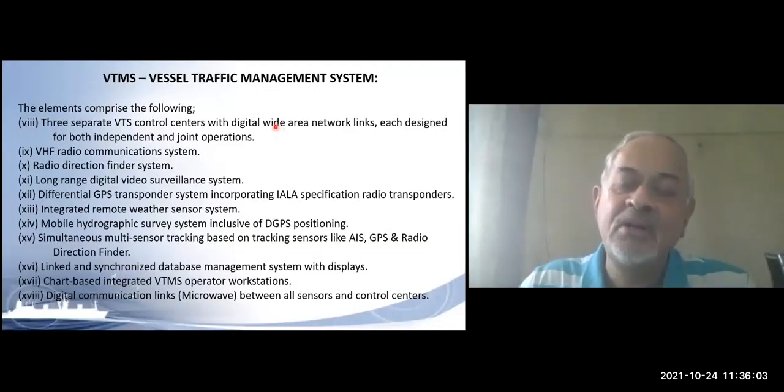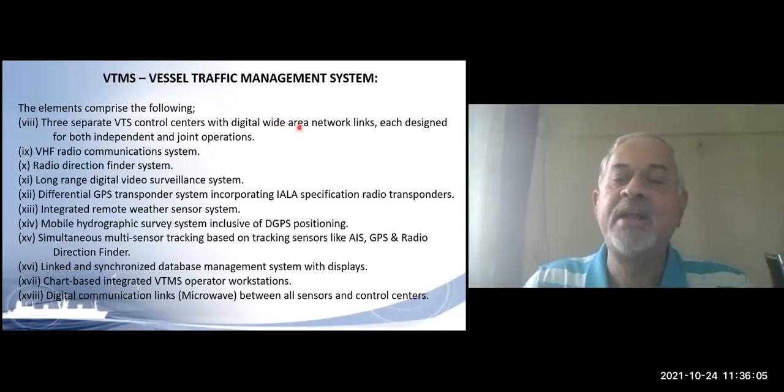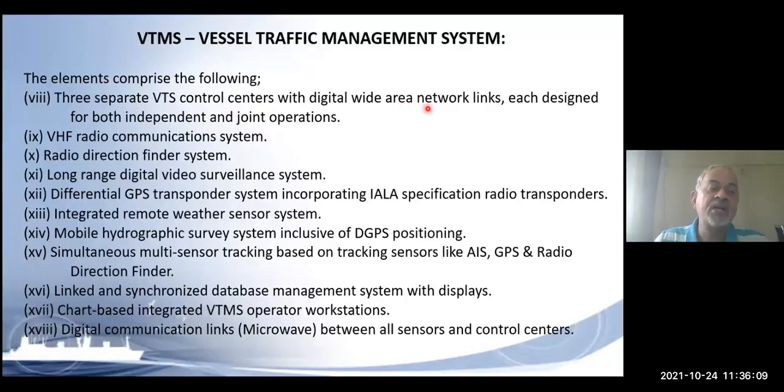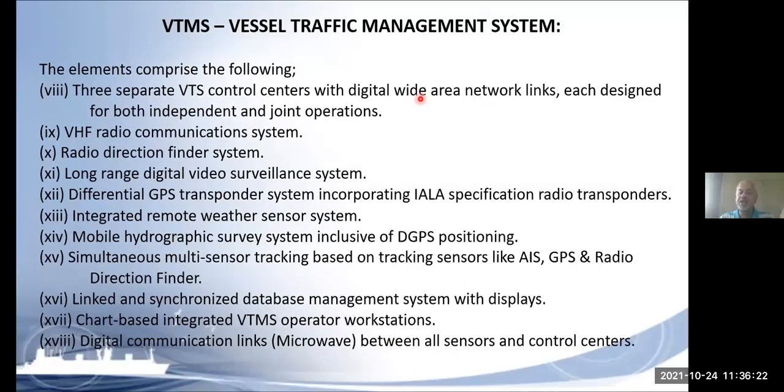wide area, digital wide area, each designed for both independent and joint operations. VHF radio communication: three separate centers are there to record and monitor the movements of the ships.